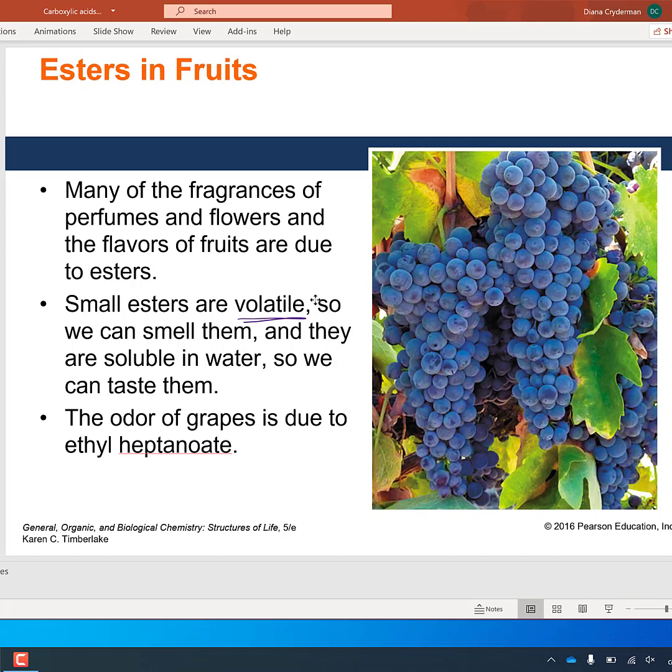In this image here, we see grapes, and the odor of grapes is due to the ester called ethyl heptanoate. So we would have a 7-carbon long, originally carboxylic acid. So 1, 2, 3, 4, 5, 6, 7.